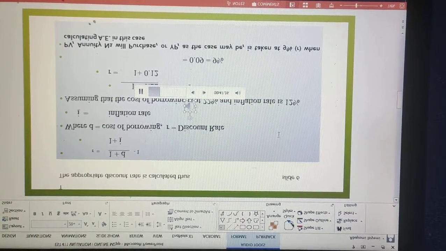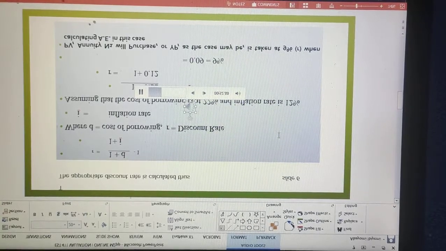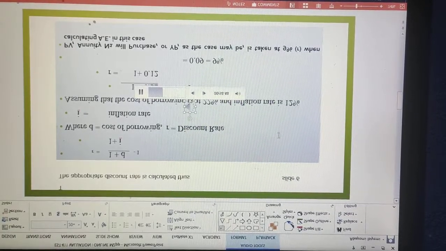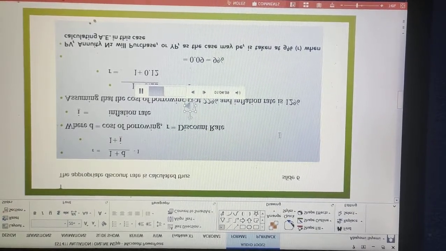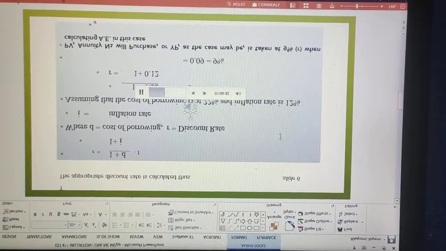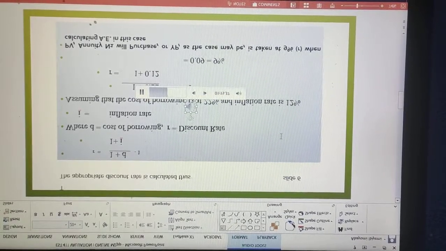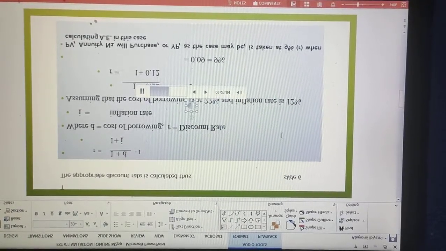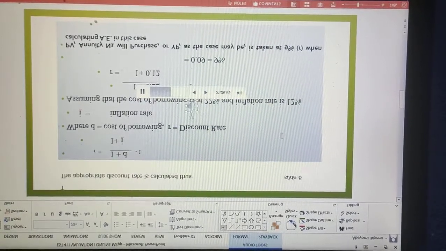If the inflation rate is high, then D is what now? Cost of borrowing. Cost of borrowing is D. So if we assume that the cost of borrowing is 22%, and the inflation rate in Nigeria is 12%, we have to find out what the current rates are, the cost of borrowing and the inflation rate.